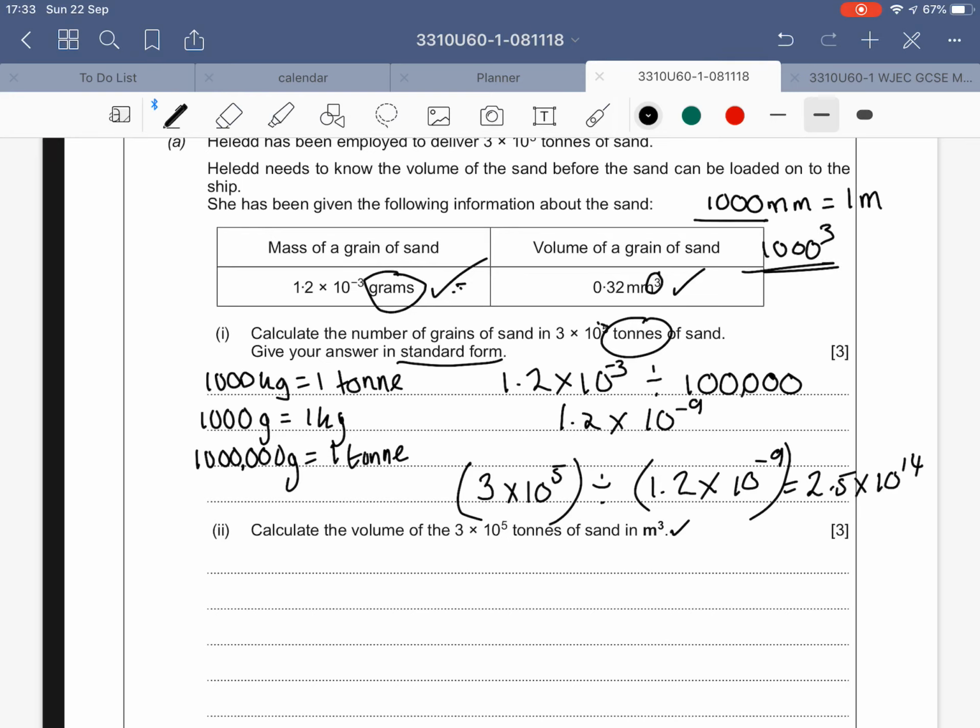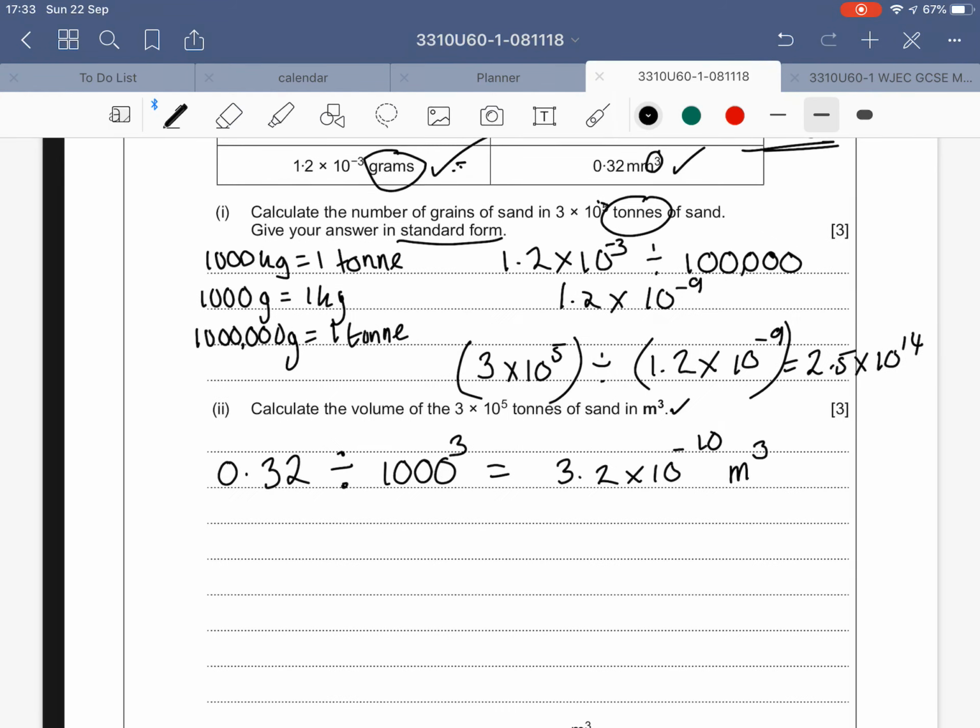And then divide 0.32 by it. So you're going to do 0.32 divided by 1,000 cubed to get it into meters, to find out the volume of a grain of sand in meters. That is 3.2 times 10 to the minus 10 meters cubed.